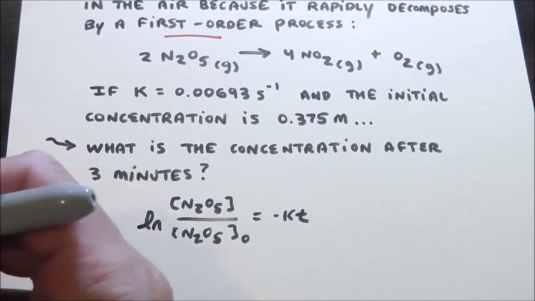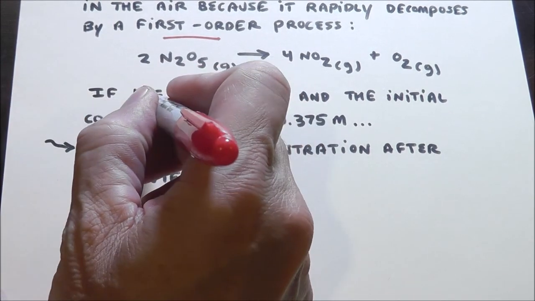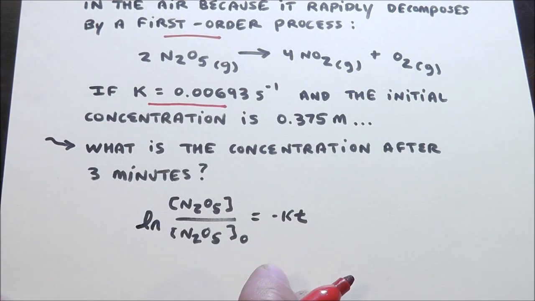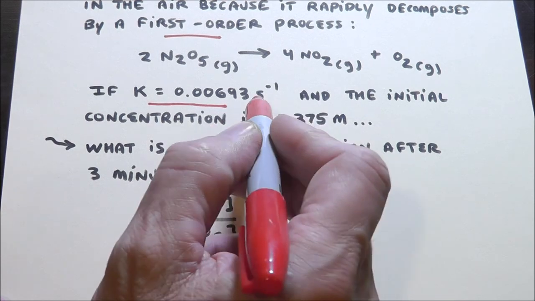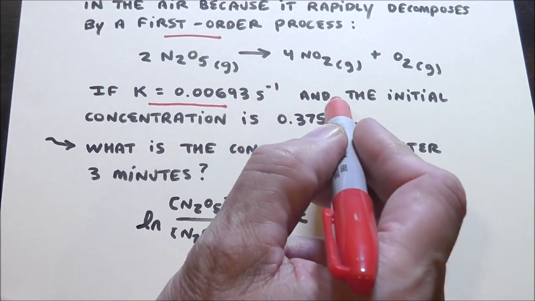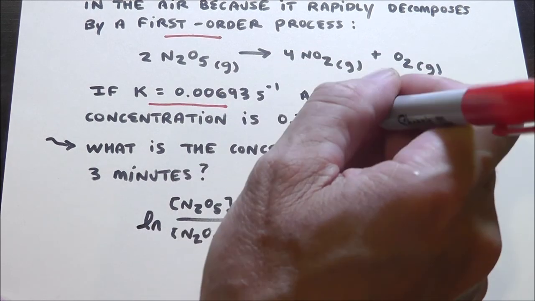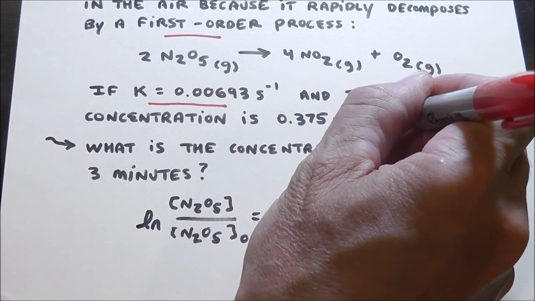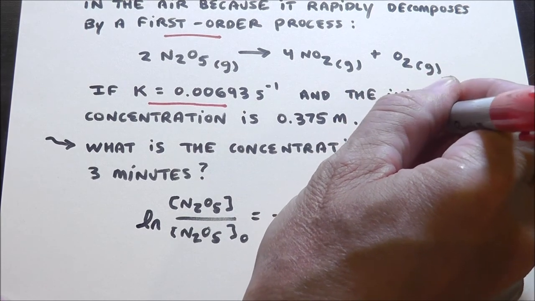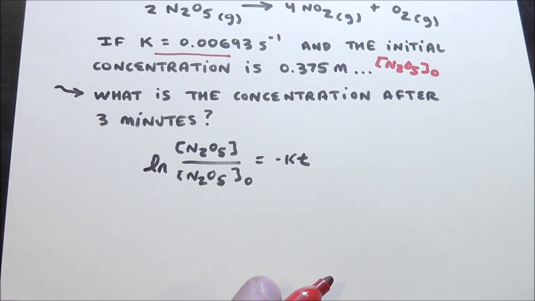That told me what the reactant is. k, bang. So we know what k is. If k is that, there's the units of k, 1 over time, and the initial concentration is 0.35 molar, and that means the concentration of N2O5 initial is that.